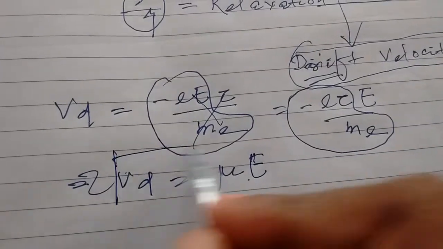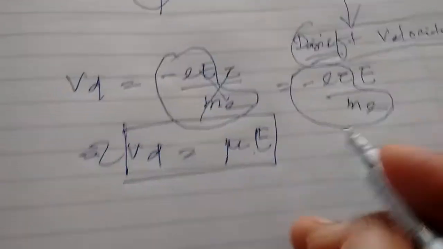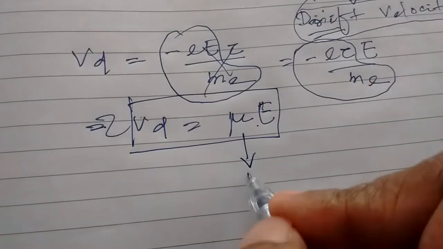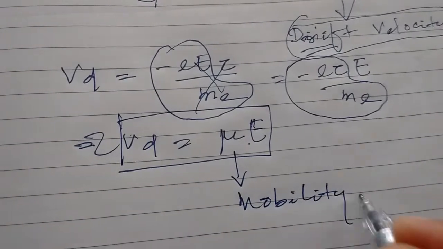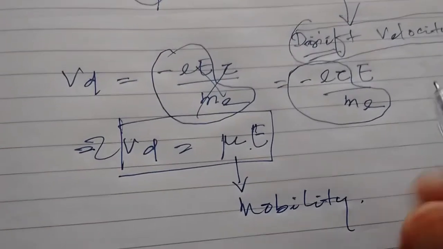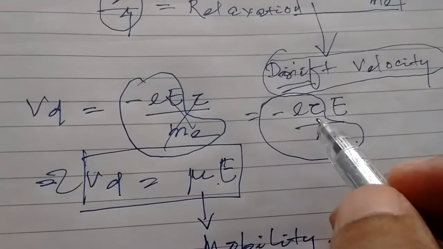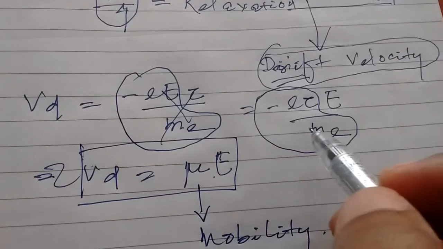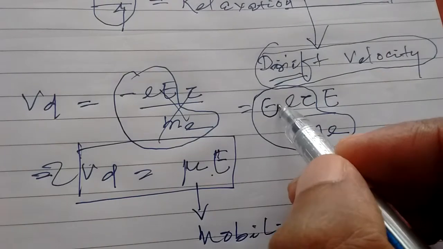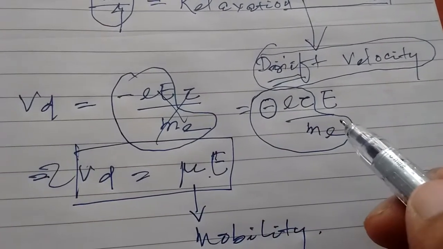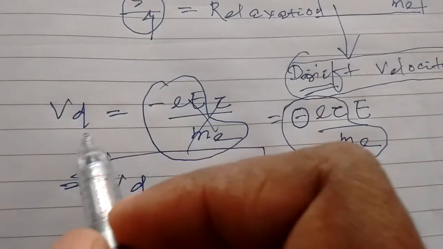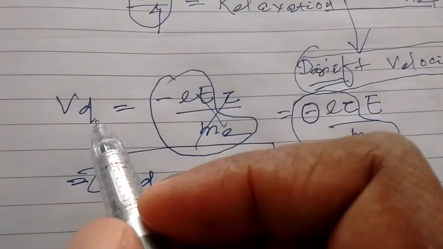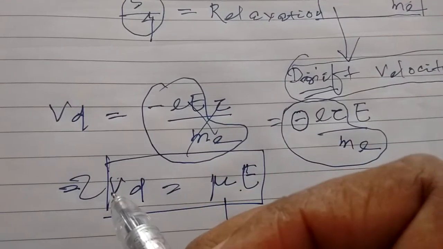Okay, this is the relationship, this is mobility. Actually, mu value I have shown here is E tau by me. This negative sign does not bear any significance here, because we are concerned with the magnitude of drift velocity, with what velocity the electrons are actually moving.